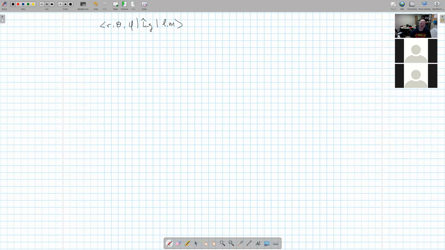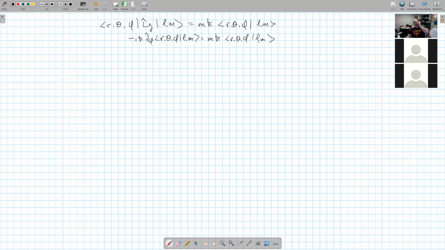We also know this is an eigenstate of Lz, which then has m h bar times r theta phi L m. But using what we just did, the left-hand side is also written as minus i h bar partial phi, inner product between r theta phi and L m, which must be equal to m h bar times r theta phi L m.